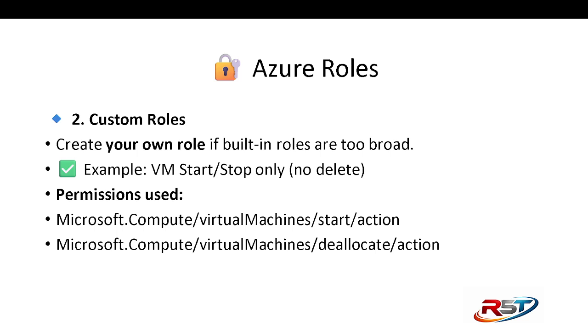Custom roles. Custom roles mean you create your own role if built-in roles are too broad. Suppose the Owner role gives you entire permissions and you want to prevent some of them, so you create your own role.